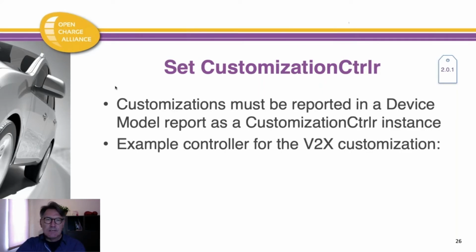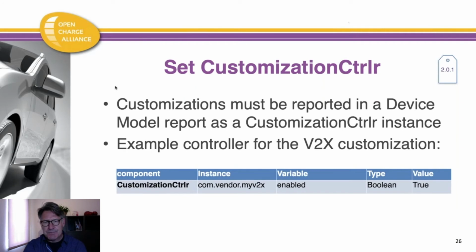So it is vital that if you implement a custom data or a data transfer customization, that you report this in the device model as a customization controller instance. So that way, the CSMS will know that customization exists and whether it is active. So, for example, it would look like this.